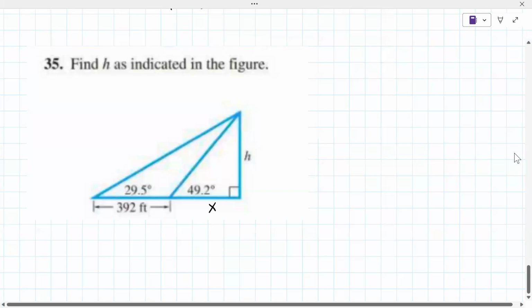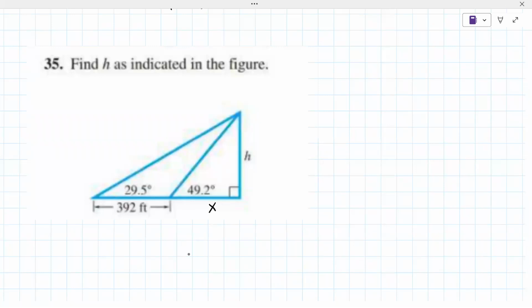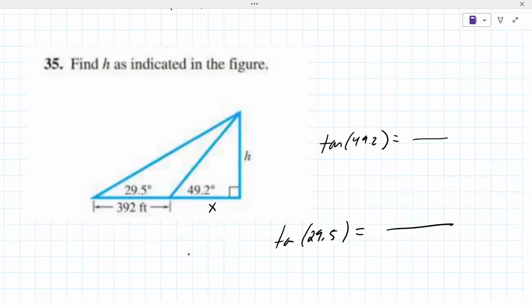It'd be the same drawing that we did for the last one, but instead it would be 392 feet and then 392 plus x feet for the 49.2-degree triangle. So there's two equations. There's tangent of 49.2 equals something over something. And then there's tangent of 29.5, which equals something over something. That's just trying to get you to write down for us. And you can make the drawings if you want, and then solving them is very algebraically intensive.